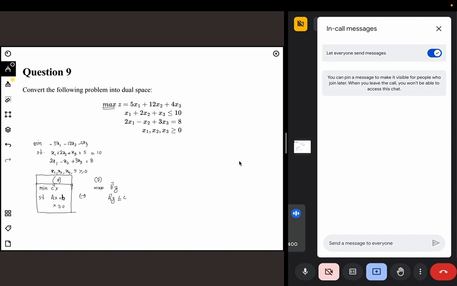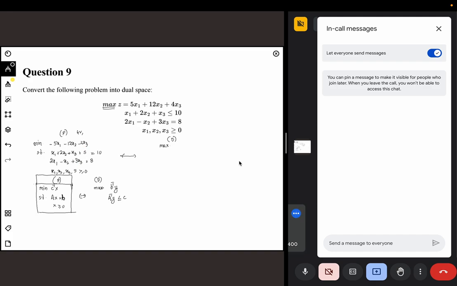So now seeing this equation, this is the primal form. How will the dual form look for this? This minimization becomes maximization. So what are my b variables here? So I have 4 variables here.